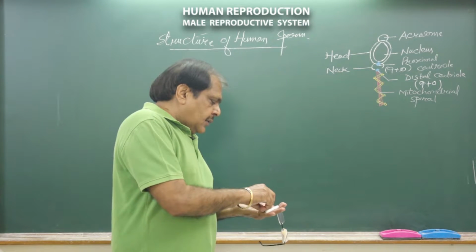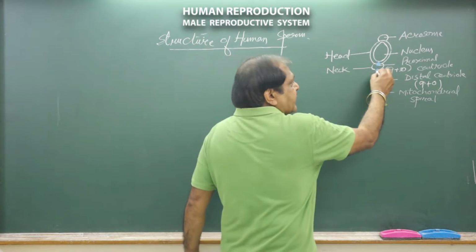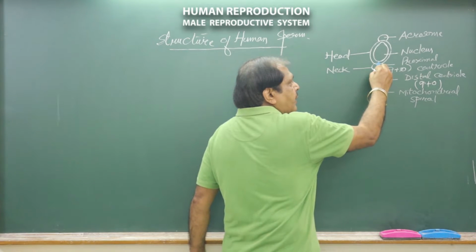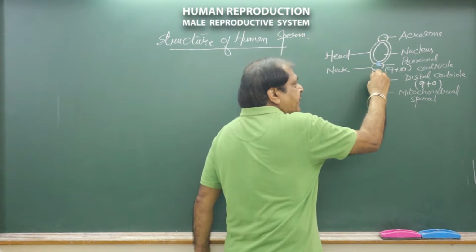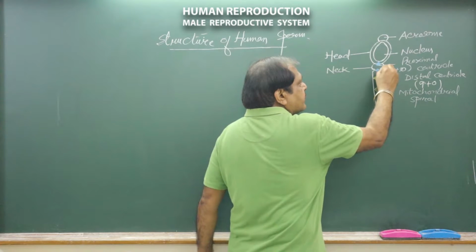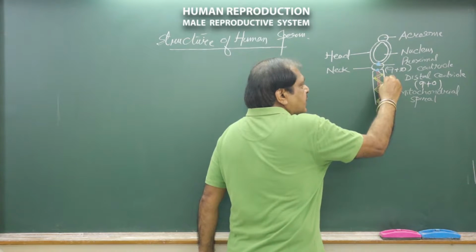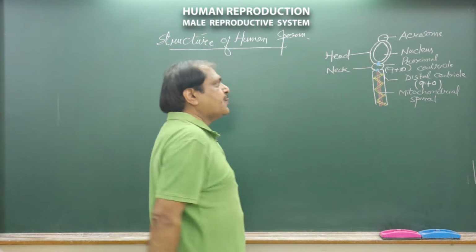Then this is called, let us say, the middle piece of the sperm. This is the middle piece of the sperm.